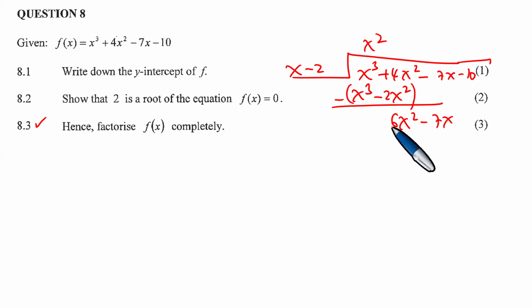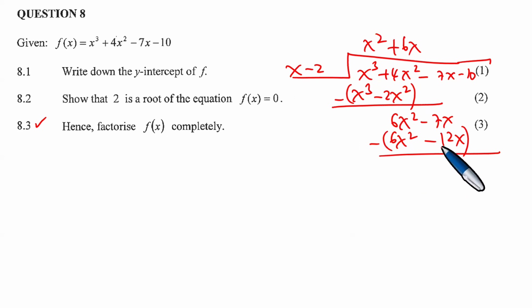We have 6x squared divided by x, which is plus 6x. 6x times x is 6x squared, minus 2 times 6x is minus 12x. We subtract this, giving 12x minus 7x, which is actually 5x, minus 10. If you have 5x divided by x, you have 5. 5 times x is 5x, minus 10.